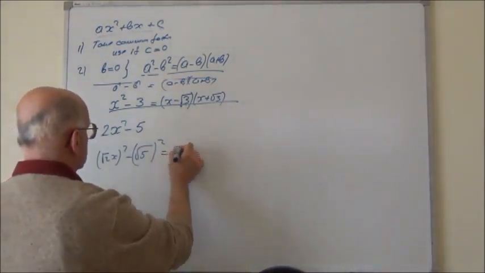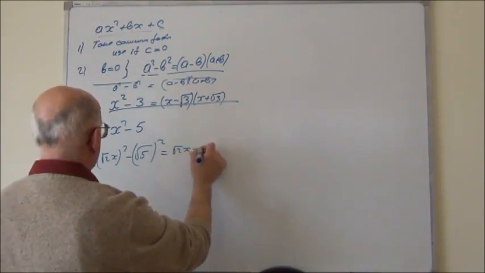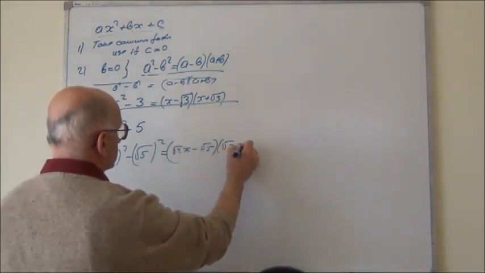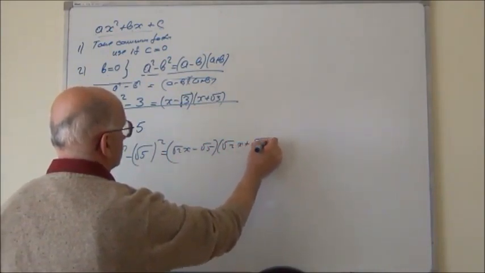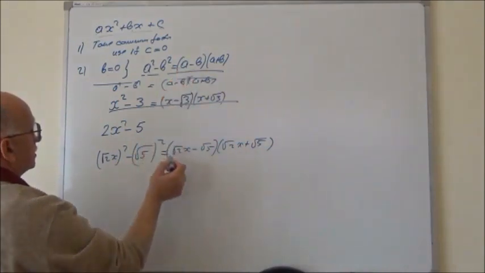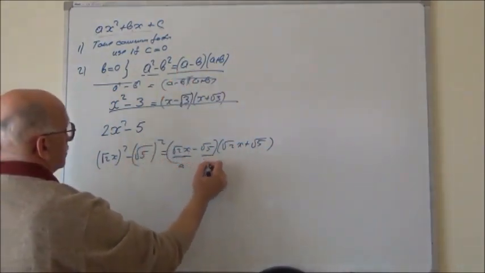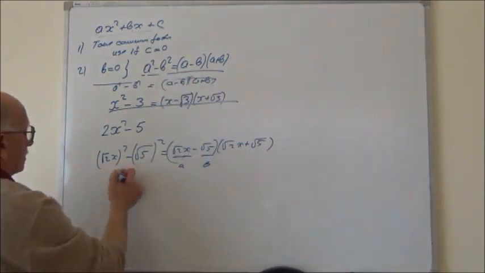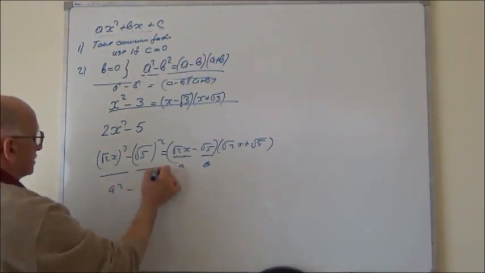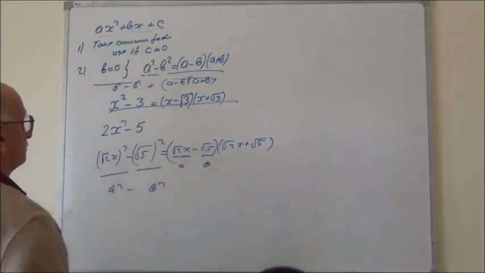And just square root 2 x minus square root 5 multiplied by square root 2 x plus square root 5, and we are just in that formula, a and b, this is like a squared, and this is like b squared.